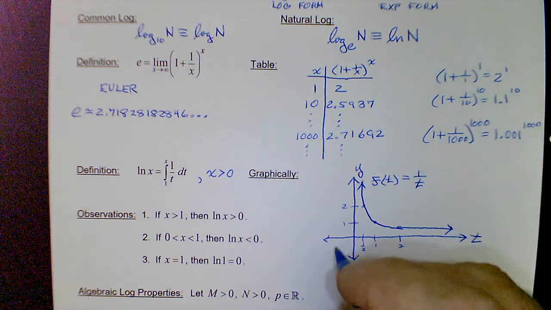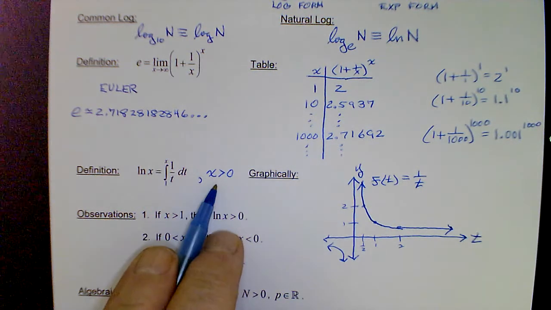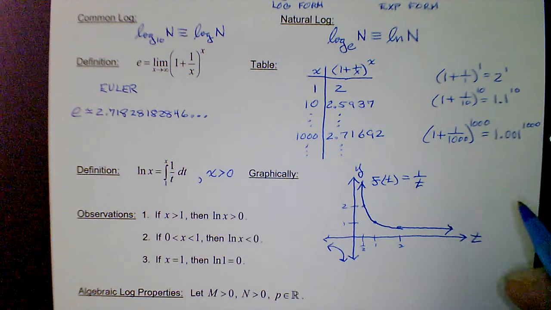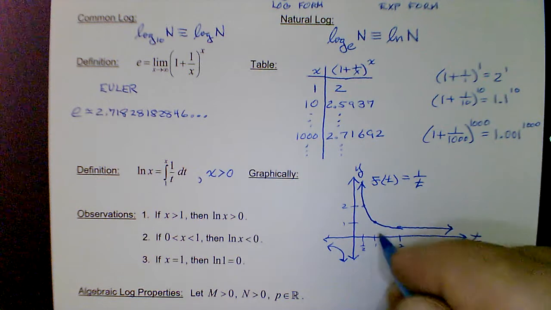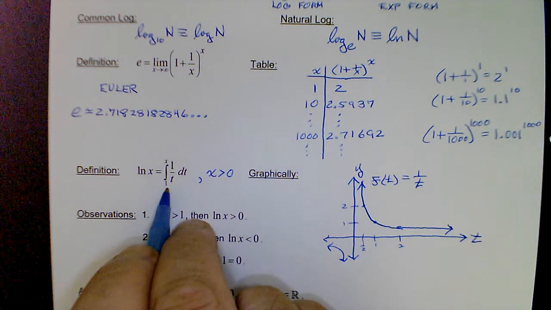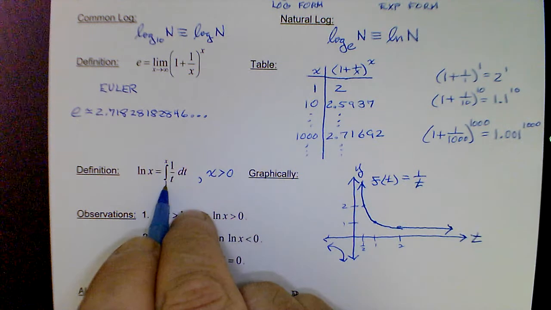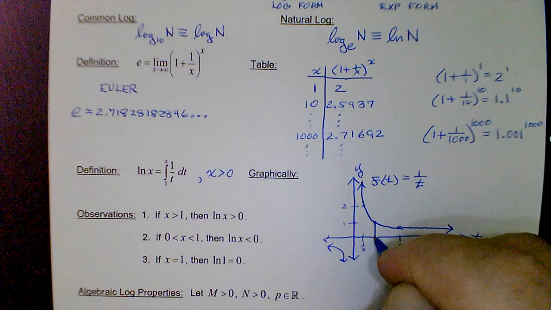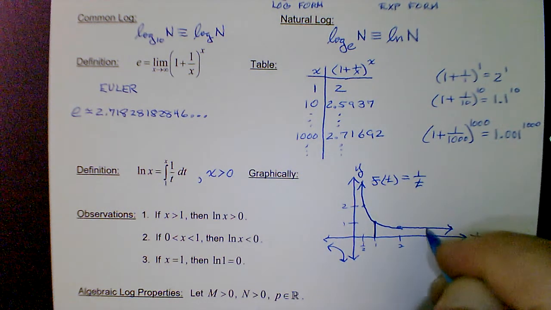And it's really in the third quadrant as well, but as we've defined, x must be greater than 0, so we're not concerned about that. So the natural log of x is actually the area, because we know that the definite integral gives us the area under the graph of the curve 1 over t, from the vertical line x equals 1, right here, to whatever value of x you choose.